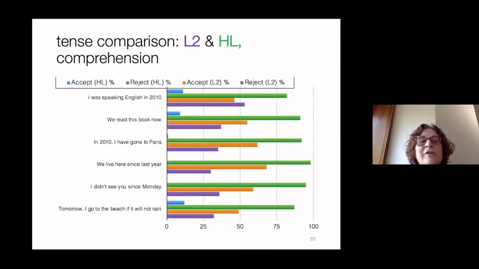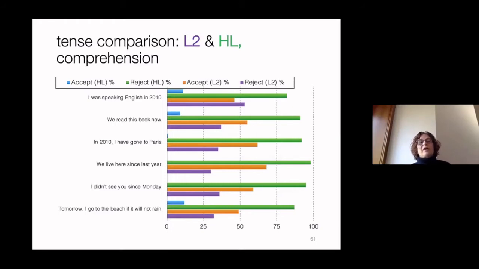If you give a speaker something like "I was speaking English in 2010," you can see that heritage speakers are very low at accepting that, whereas L2 speakers accepted it at almost 50%. "We read this book now." Again, heritage speakers barely accept something like that, whereas if you look at the orange bar, you can see that L2 speakers are very, very accepting of that.